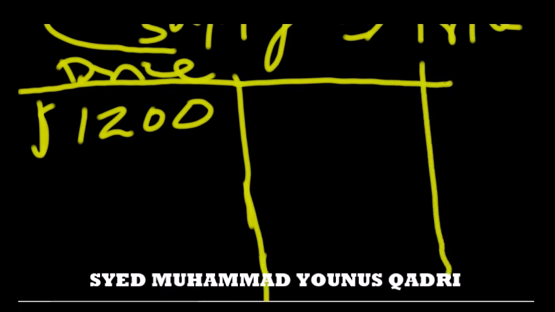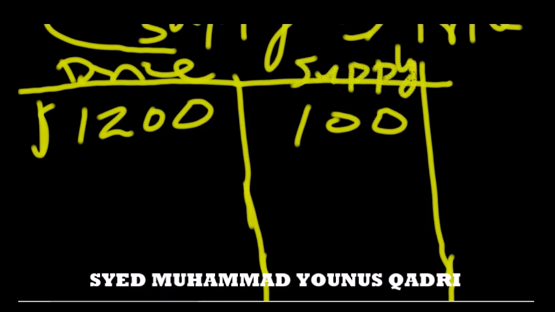Suppose due to this coronavirus the demand is very low, or due to some other reasons, they are able to sell 100 pieces of that commodity at that price. So they supply 100 pieces of that commodity in the market.